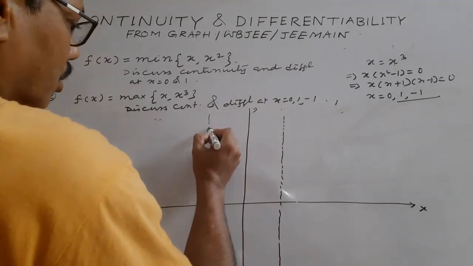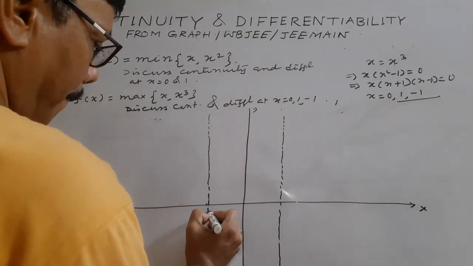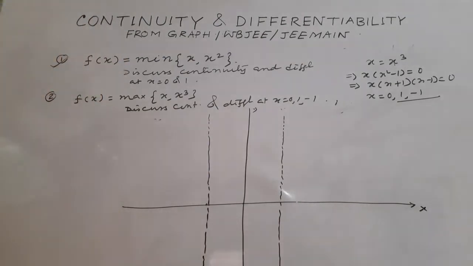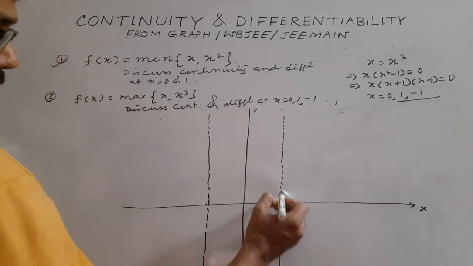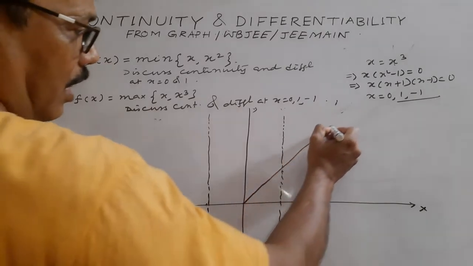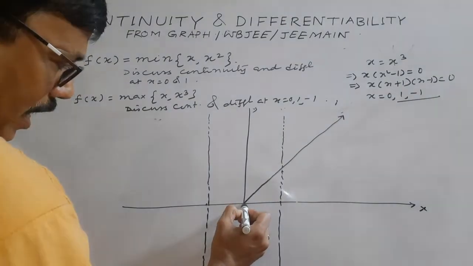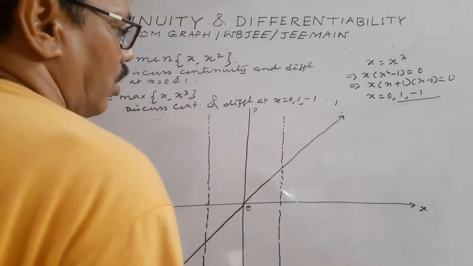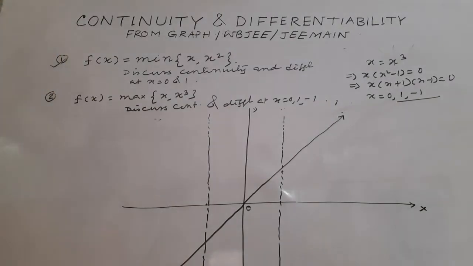This is x equals minus 1. Now y equals x. We have already drawn this one. It is a straight line passing through the origin and bisecting the first quadrant, at 45 degree angle.